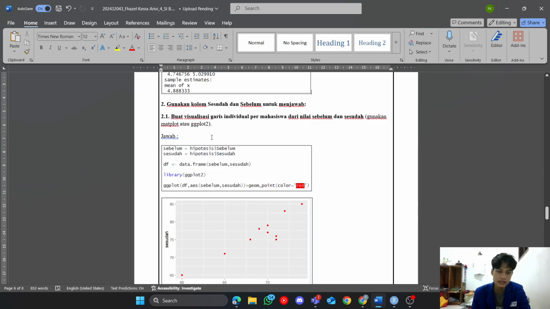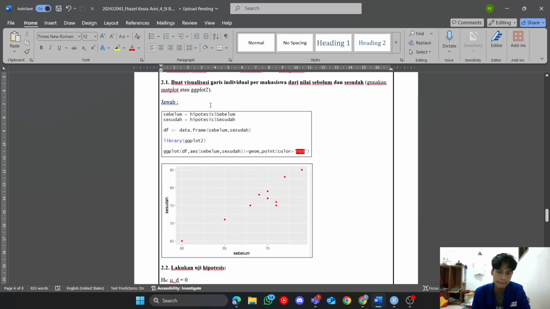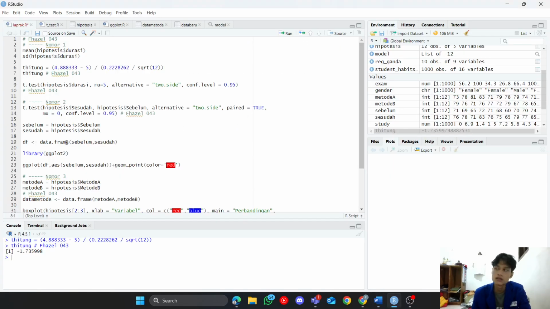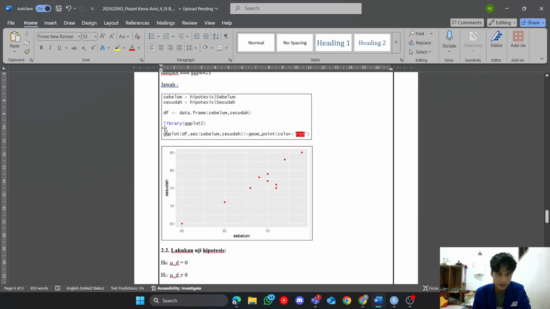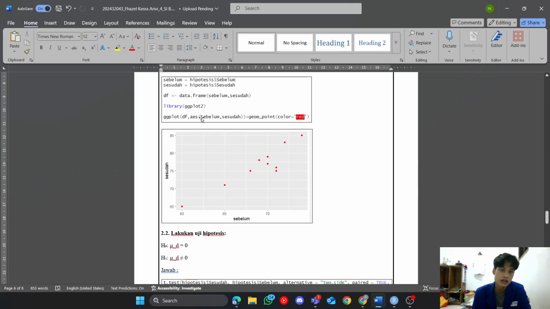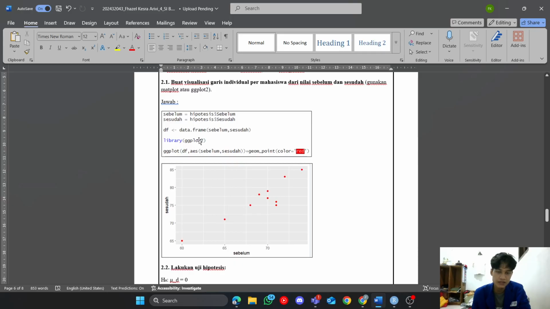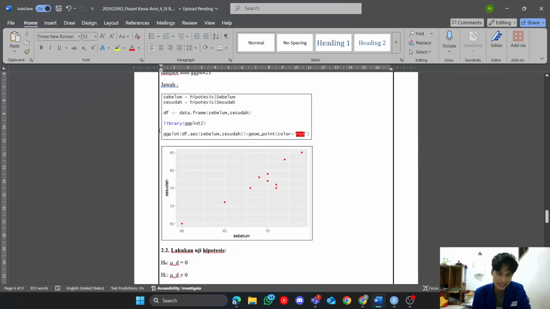And the second, we use the sebelum and sesudah variables. So we make a new data frame here. We input the data frame sebelum sesudah to the df variable, so df will save our data frame. And using library ggplot2, with this syntax, we will get the result here.